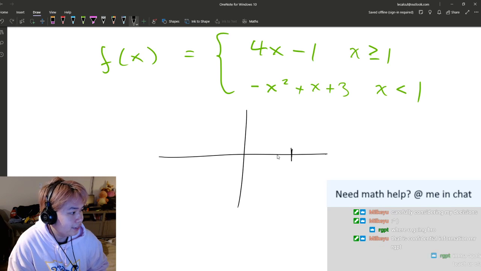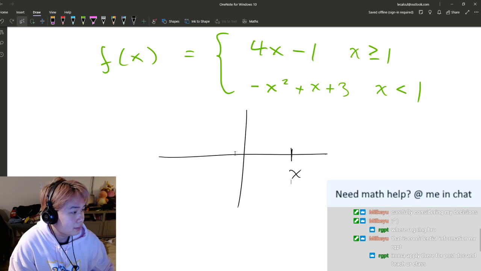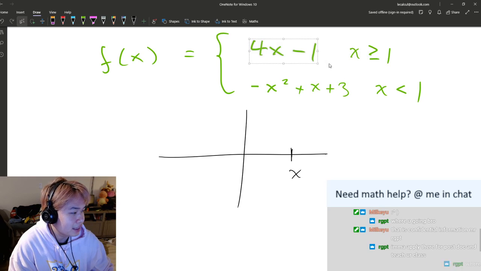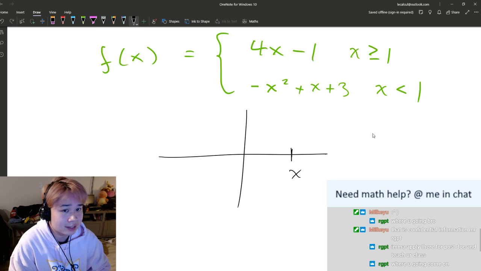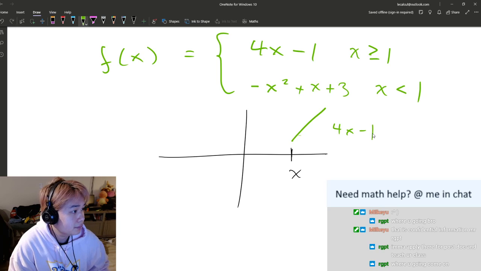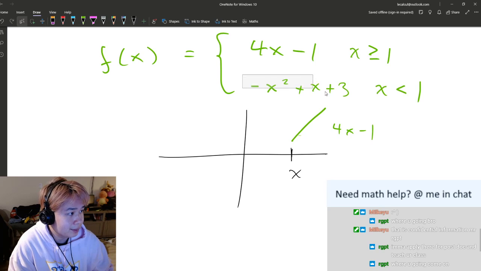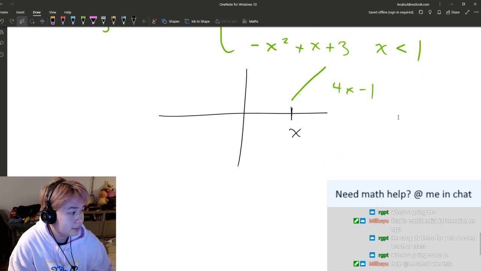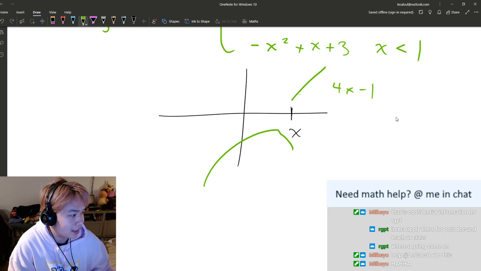So at the x value 1, when it's greater than 1, your function resembles this line, 4x minus 1. Basically it kind of looks like this. And then when x is less than 1, it resembles this parabola. So maybe the parabola looks like this or something.